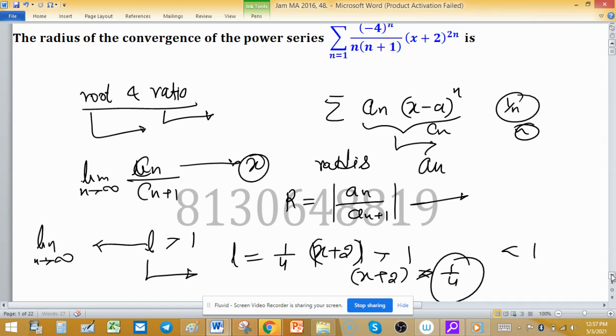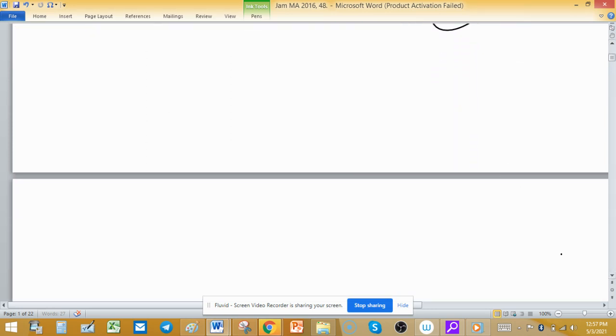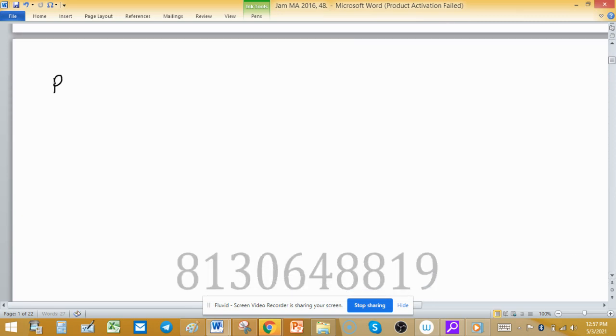So there is no confusion. We are going to apply the direct formula to find the radius of convergence of this power series: r equals the limit of a_n upon a_(n+1). This is the direct formula.